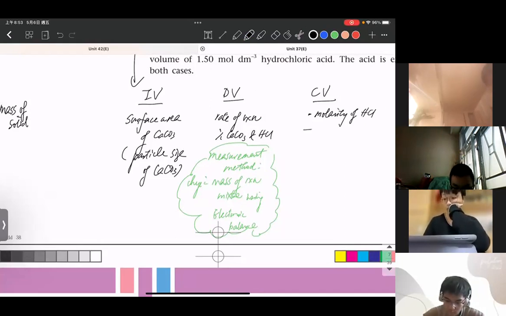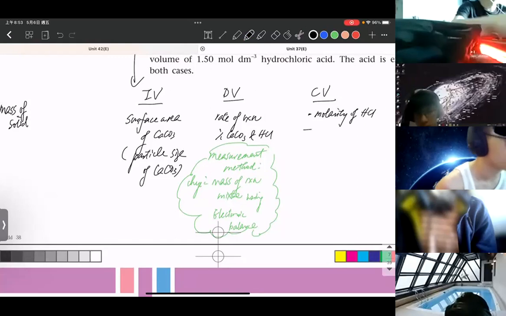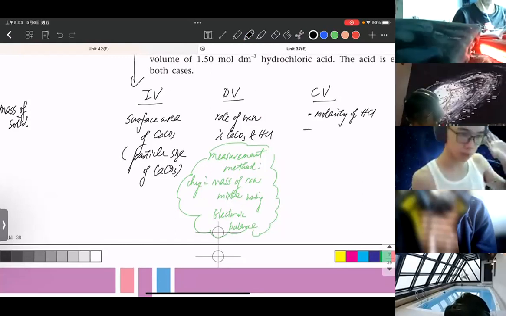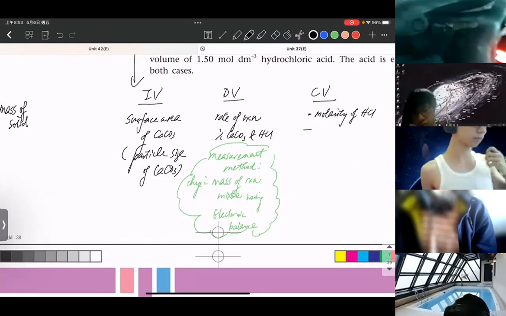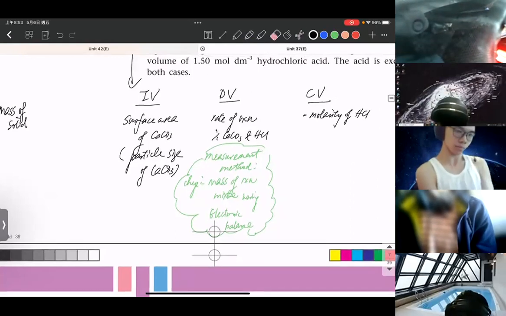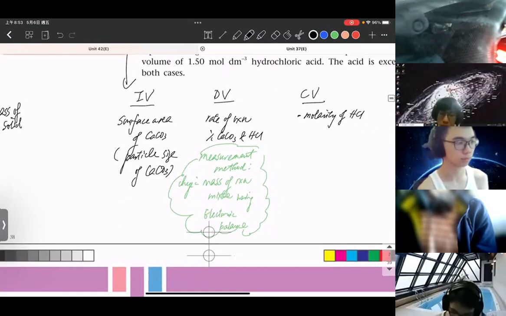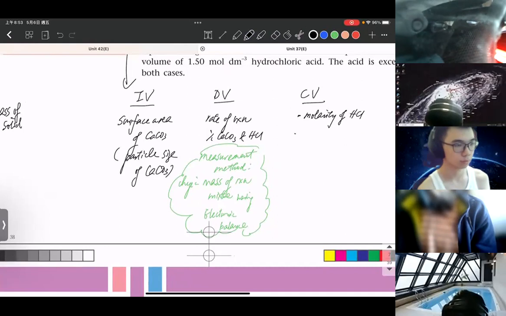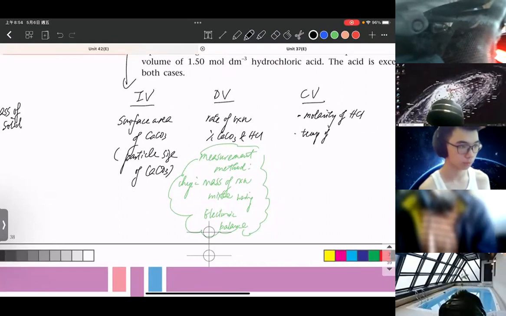What else? Can you think of one more variable? Yep. Temperature of HCl. The temperature of the reaction mixture, especially HCl. Yep. What else?